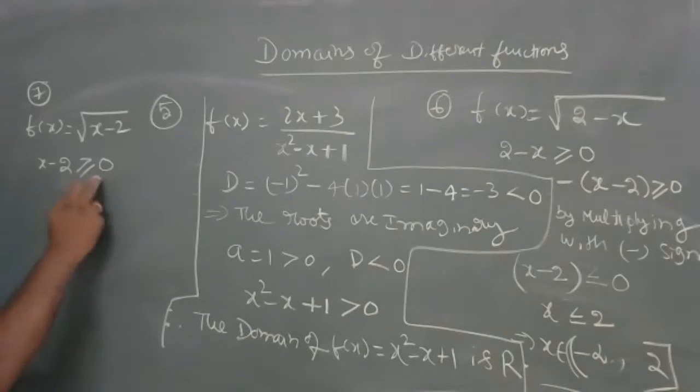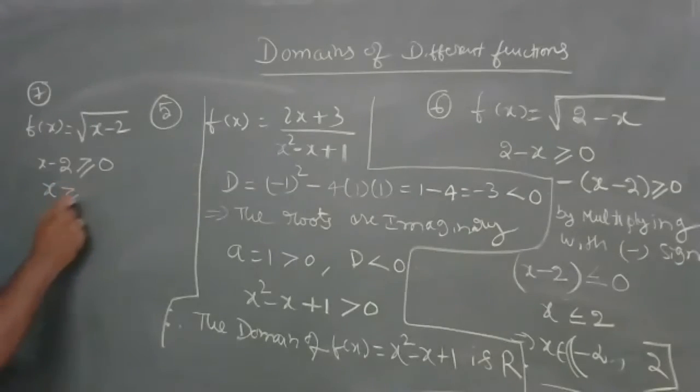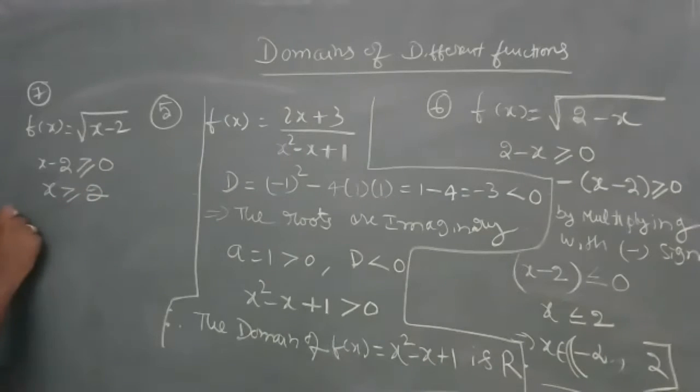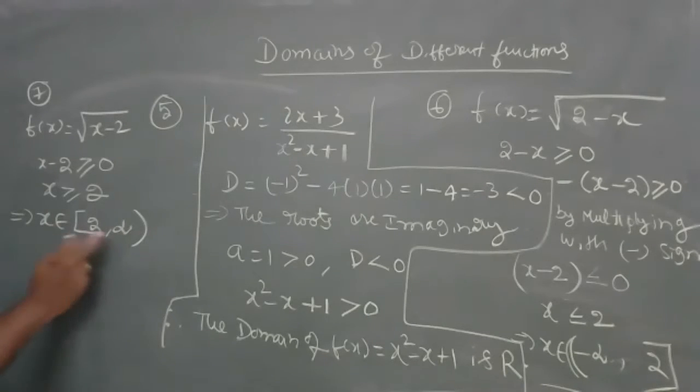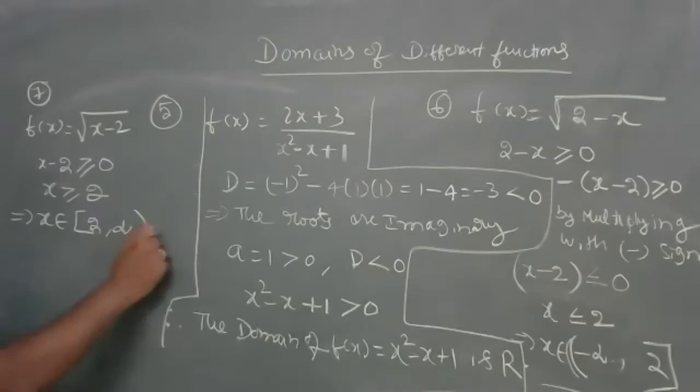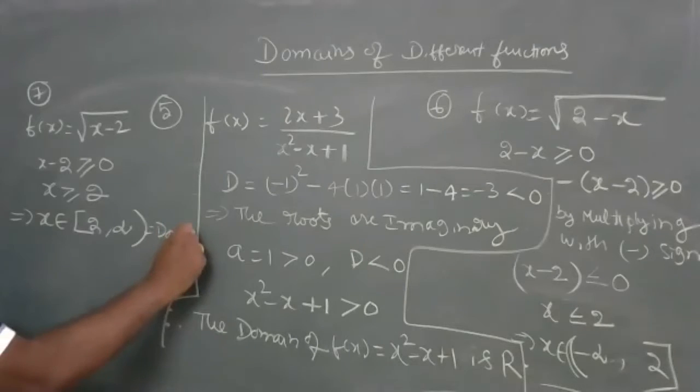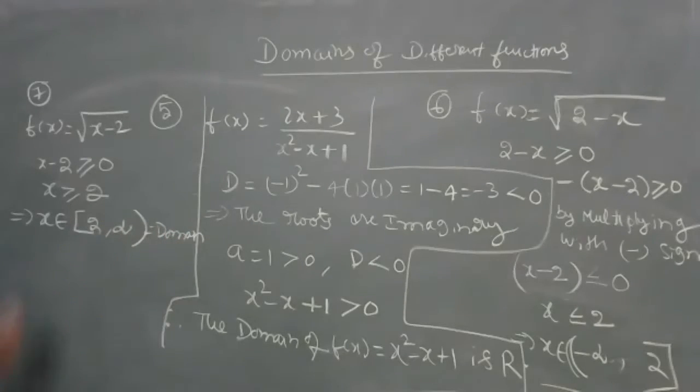You should have only positive values or 0. Therefore, it is very simple: x is greater than or equal to 2. That implies x belongs to the closed interval 2 to infinity. This is the domain. Wonderful. This is the seventh problem, and now one more problem here.